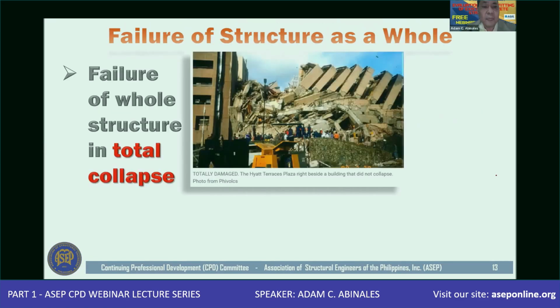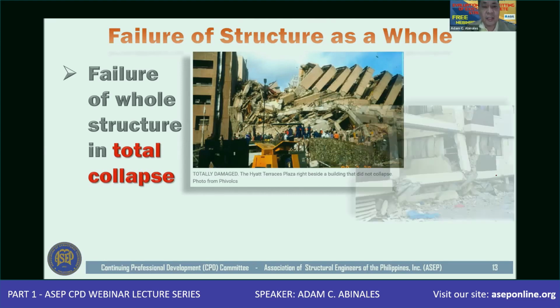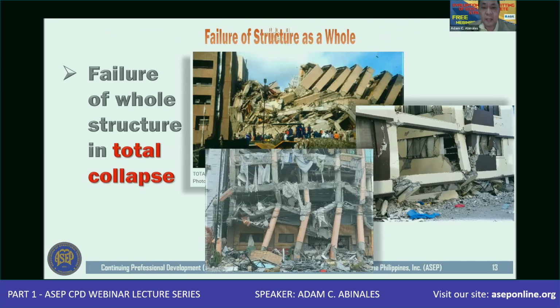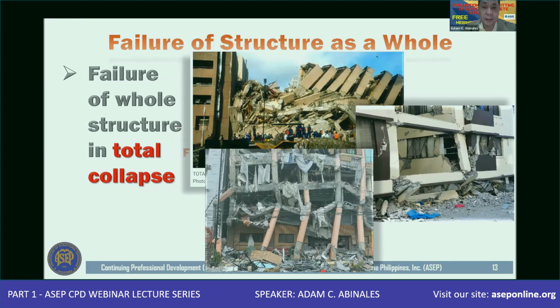Now, trying to understand the other type of failure, of course, wherein you have your structure in total collapse. And this type of failure is considered to be a failure of the structure as a whole. Looking at this photo here, I'm sure you are very much familiar with it. This is the Hyatt Terraces Hotel in the aftermath of the July 16, 1990 earthquake that hit Baguio City and other provinces in northern Luzon.